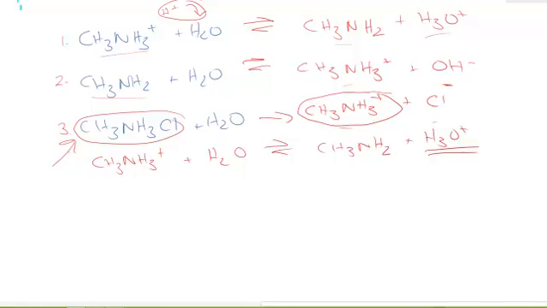Now you talk about how when it ionizes in water it forms these two species, the methyl ammonium ion and the chloride ion. And the CH3NH3 plus ion, when it's in water, is going to react with the water and form H3O plus. And the production of the H3O plus ions will create a pH of less than 7, making it acidic.